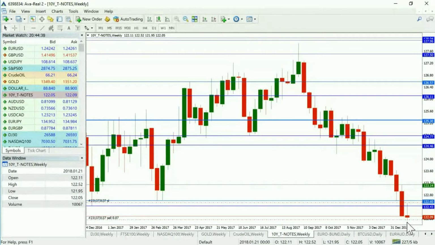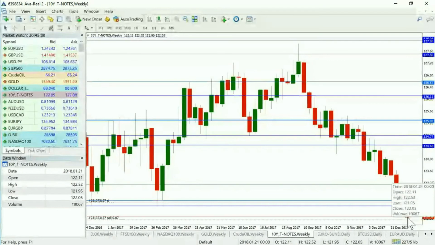So those are the levels we're going to work with. We're not overly surprised. The weekly price action is, well, not what we'd like to see. We'd like to see candlesticks like this, but there is no need to necessarily panic just yet, but we will be monitoring it very, very closely.